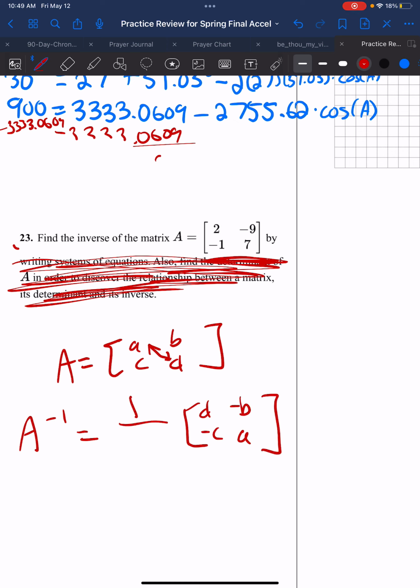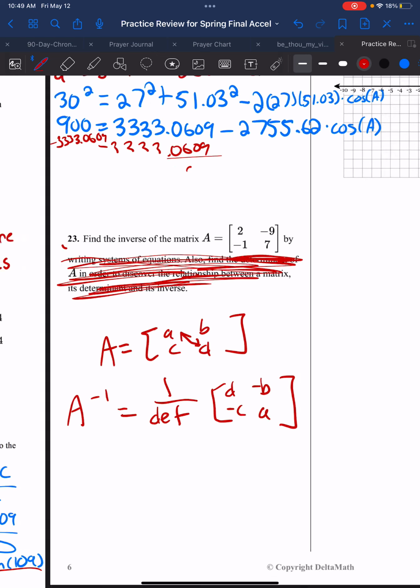And I'm going to multiply that by 1 over the determinant, okay? So let's find this piece by piece.